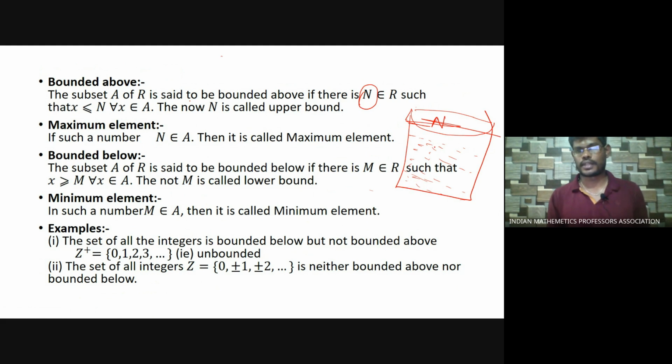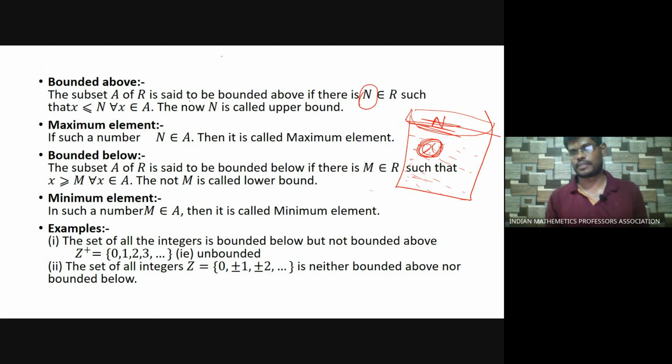Suppose I take the value of x, this value of x should be less than or equal to the maximum value, for every x belongs to A. Then n is called an upper bound of that particular set. The maximum element: if such a number n belongs to A, then that is called a maximum element.